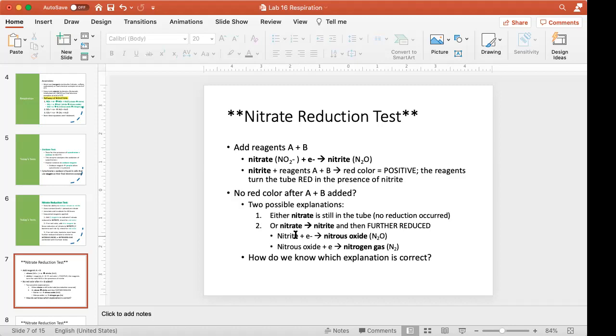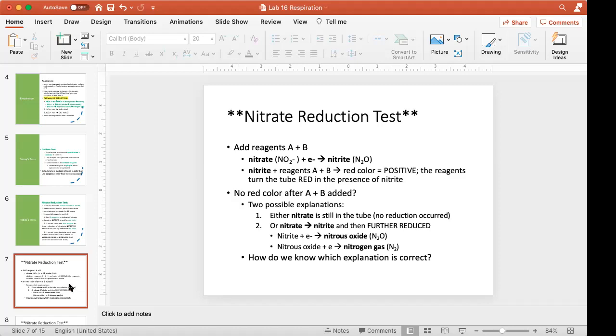It takes the nitrate to nitrite, and then it takes the nitrite to nitrous oxide, or maybe all the way to nitrogen gas. I don't know, but those are the explanations. Either the organism can't reduce nitrate, or it can reduce it, it just reduces it further than nitrite.